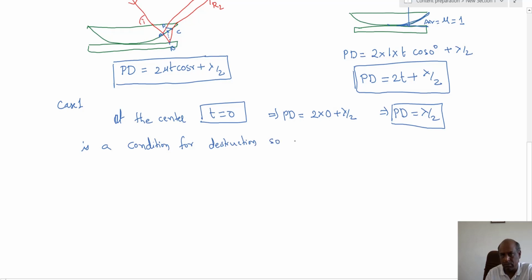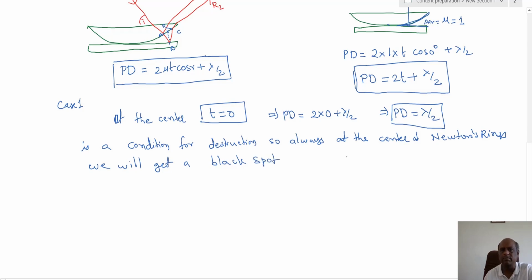So always at the center of Newton's rings we will get a black spot.